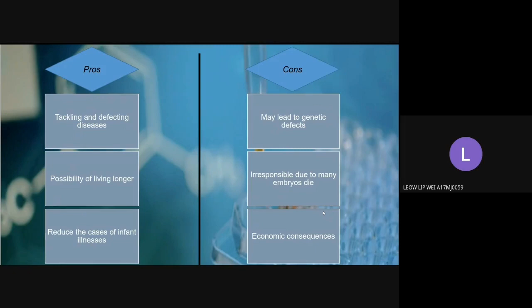This is because, in order to get the desired results, many employees subjected to tests end up dying. The third one is the economic consequences, because too much money would be invested in bioengineering that would have been invested in other social projects.